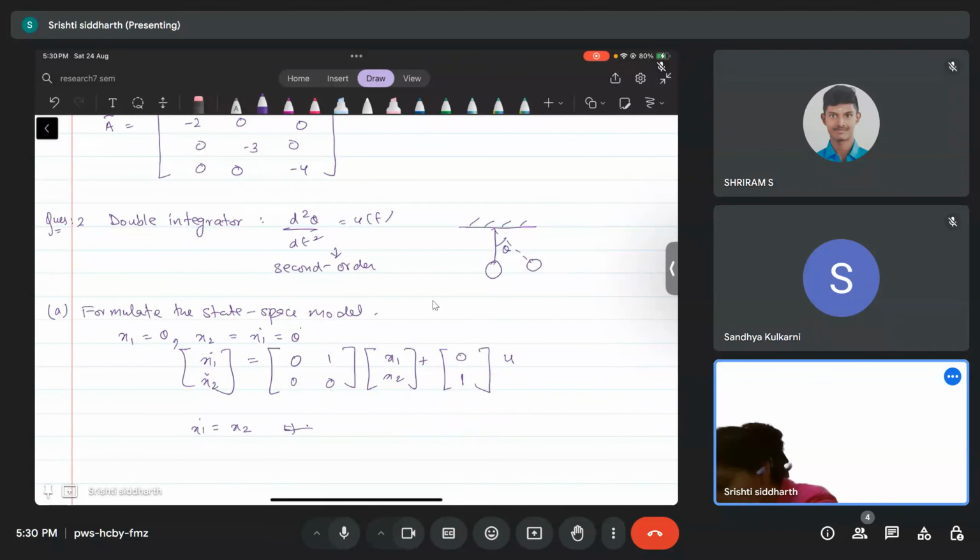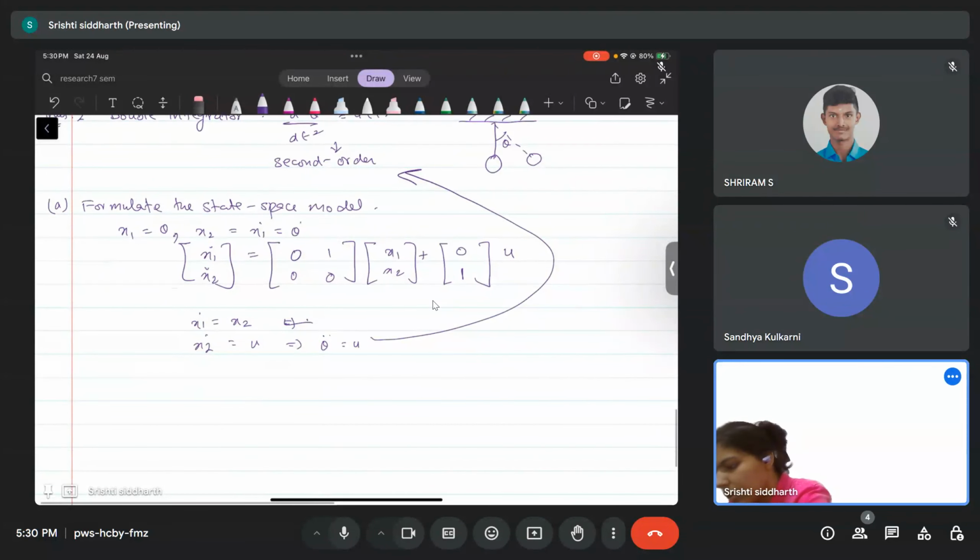This is correct. And x2 dot is u, which implies that theta double dot is u. Okay. So right now we have A as 0, 1, 0, 0 and B is 0, 1.